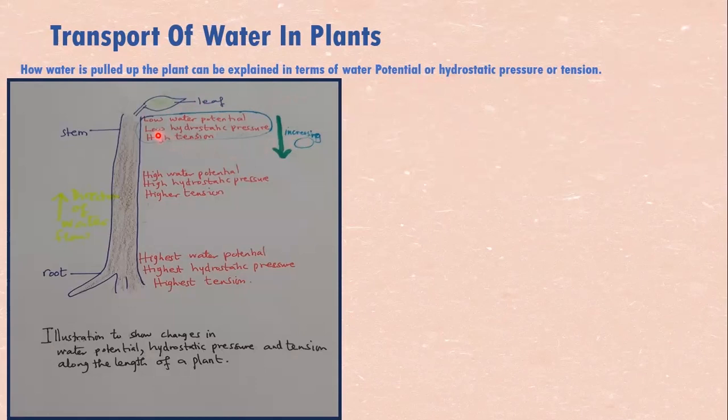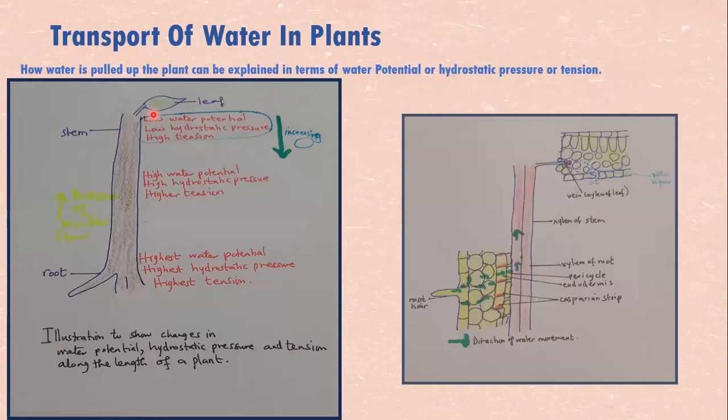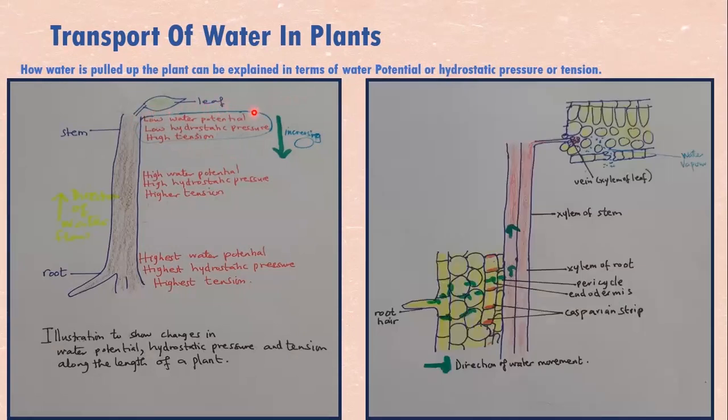Now, we want to note that at the surface of the leaf, between the leaf mesophyll air spaces and outside the leaf, there's a water potential gradient. The water potential is lower outside than in the intercellular spaces.